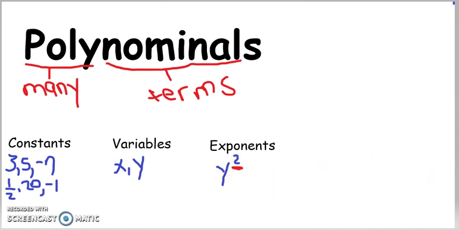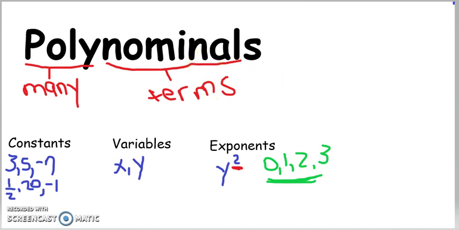And what's also very, very important to know when we are looking at polynomials and exponents: only 0, 1, 2, and 3. These are the only exponents allowed when using polynomials.